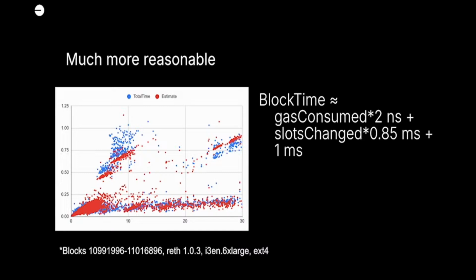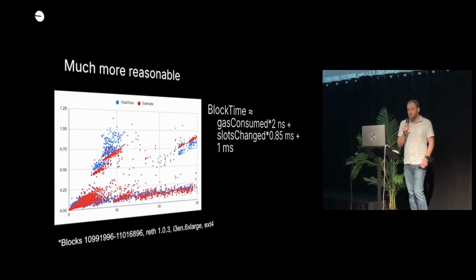our various transaction patterns. What this comes down to on this specific test example is around 2 nanoseconds per gas, another just under a millisecond per slot changed, with a very small overhead per block. So it tells us a good number of things. One, we can definitely have shorter block times because the cost of overhead is very low.